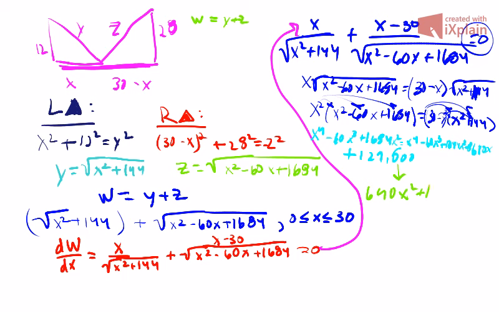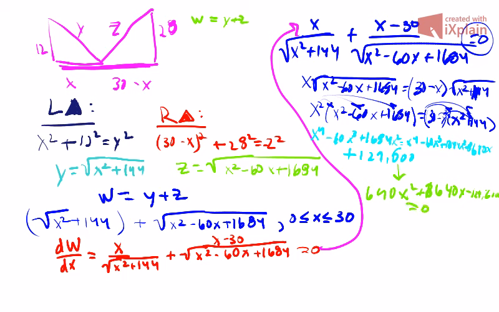Plus 8640x minus 129,600. Just going to make it nicer, I'm sorry. And that all equals 0.